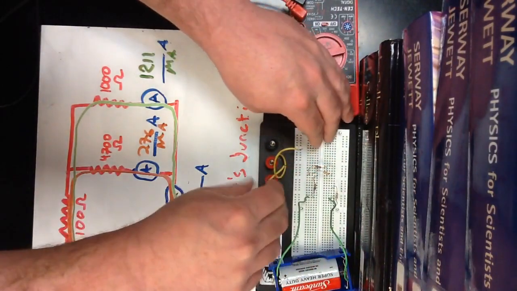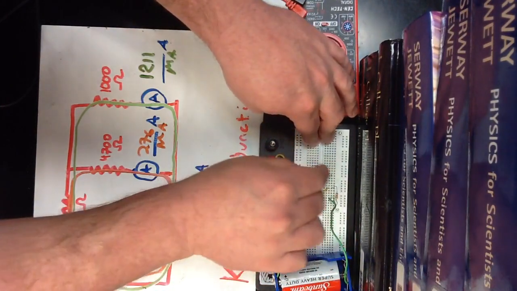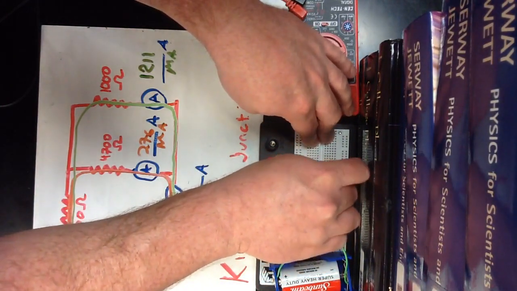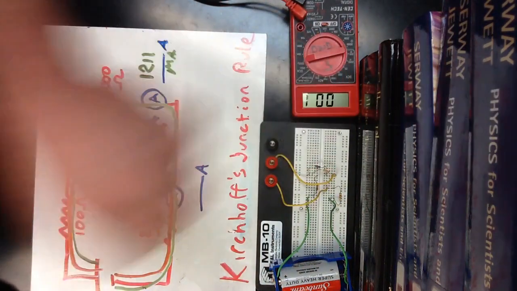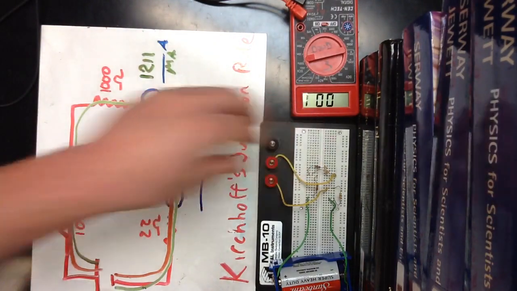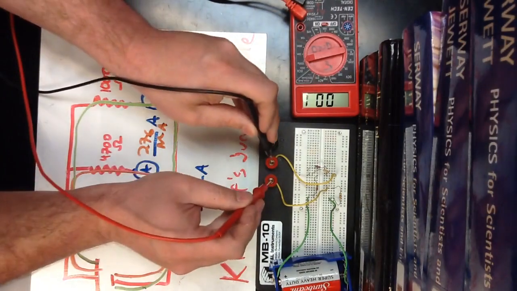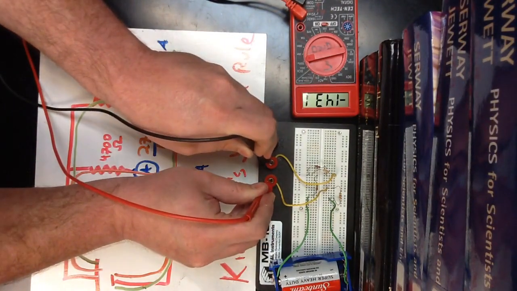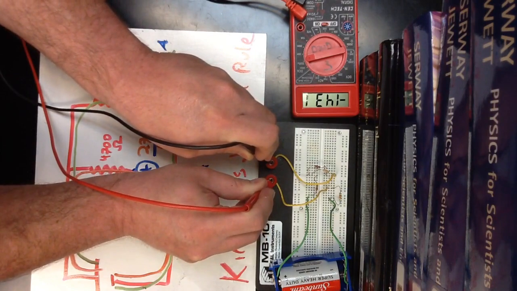Give it a new home. Yellow wire up to it. Yellow wire up to these two guys. And we'll get the current through the 22. We get 1431.